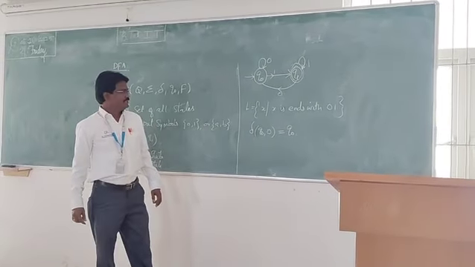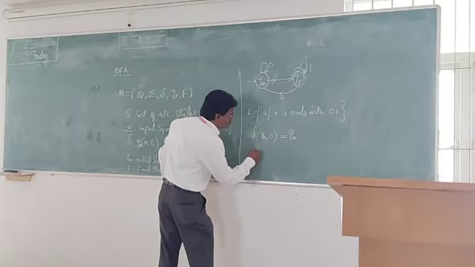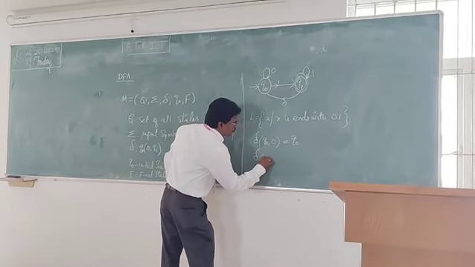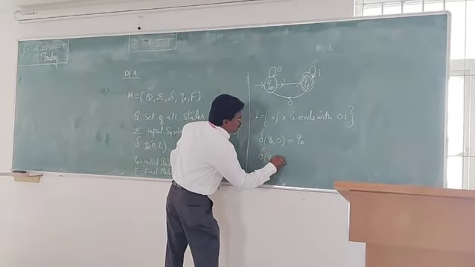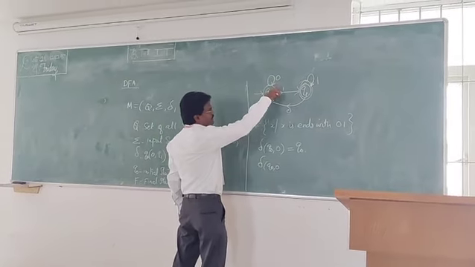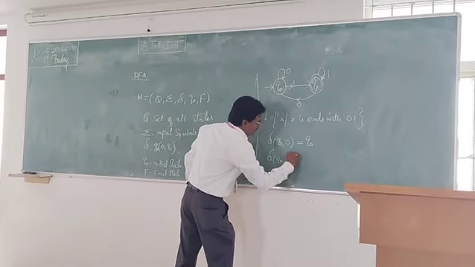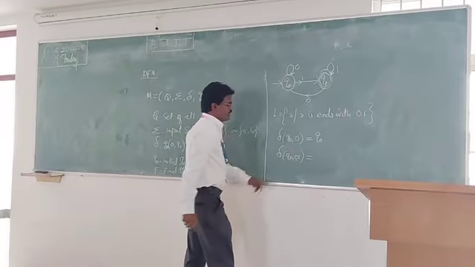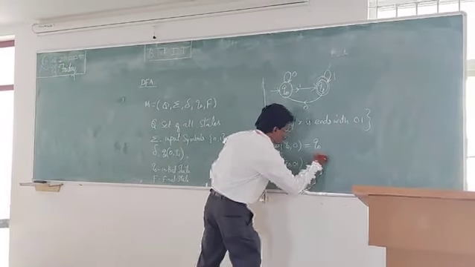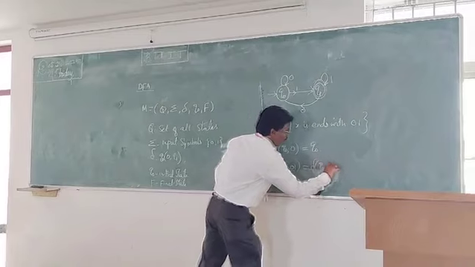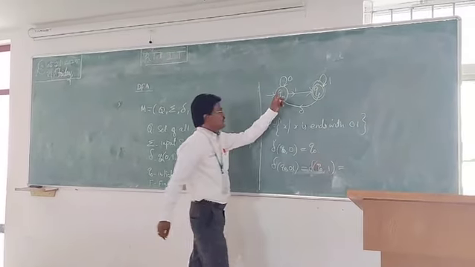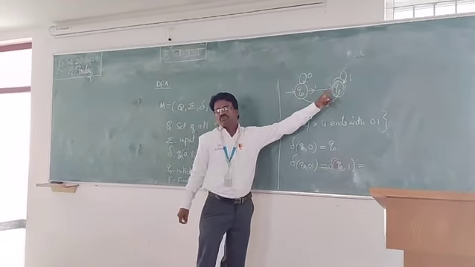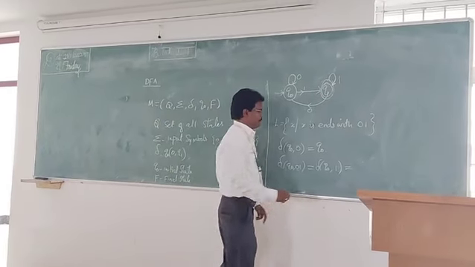Then again we give the next input. δ(q0, 0): first one is value 0, next one is 1. First it moves to q0. Again, with q0 and 1, it goes to q1.